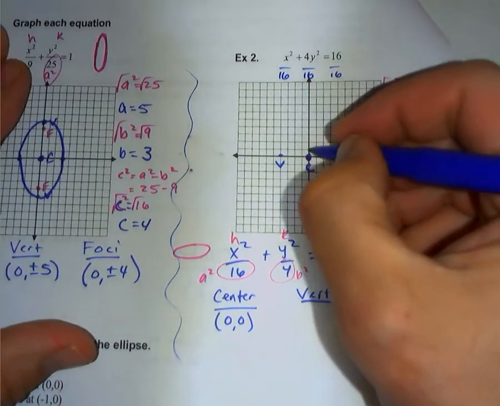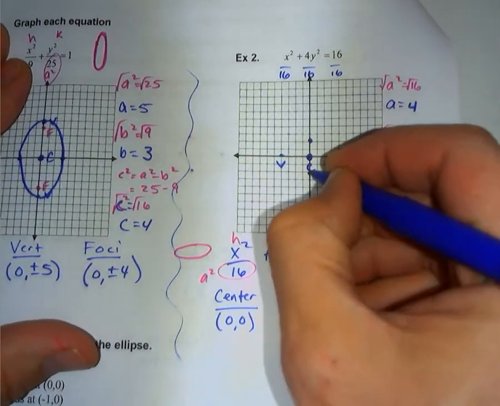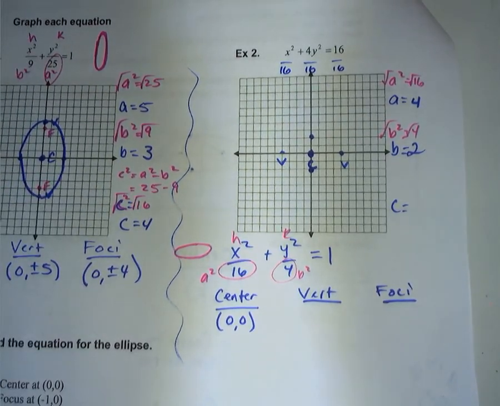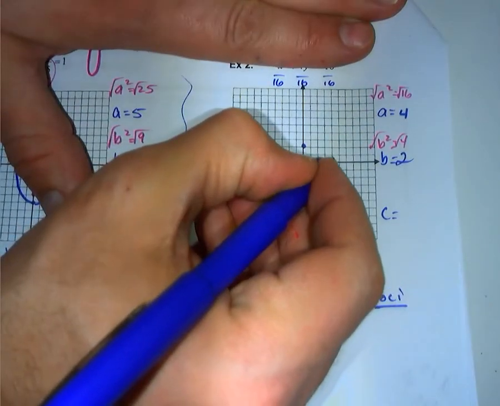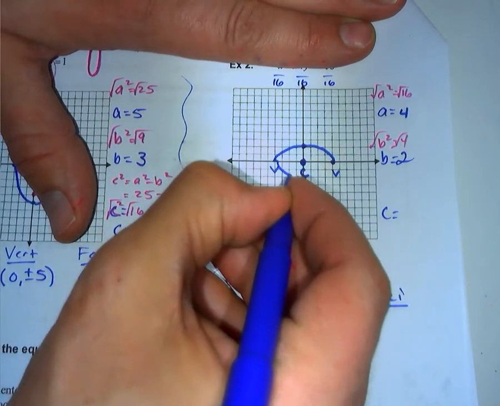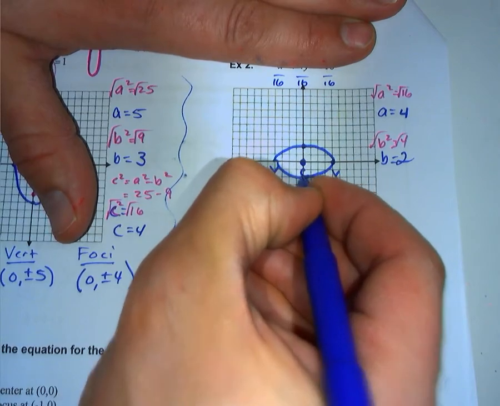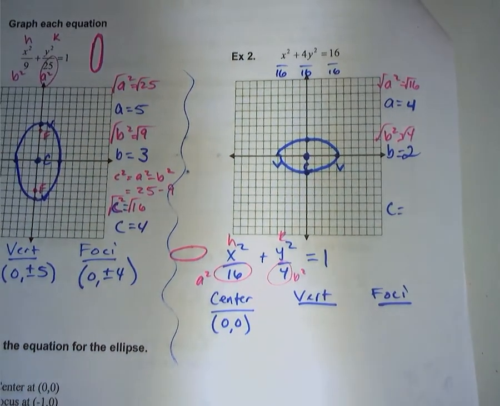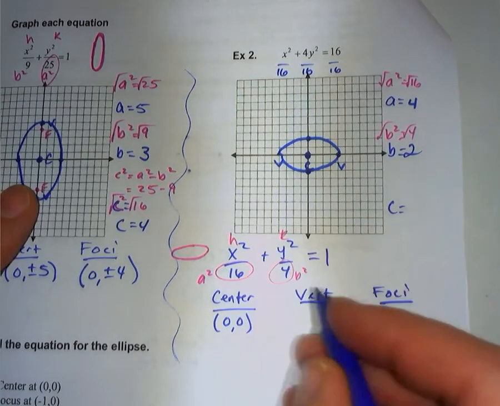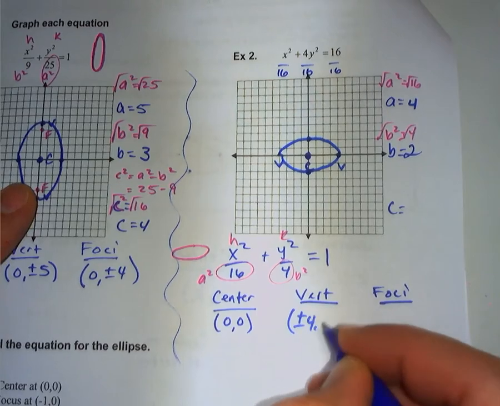So up and down 2, up and down 2. So I've got my center, my major vertices, my minor vertices, and now I'll make a nice, pretty ellipse. Okay. Again, not diamonds, make it circular. Nice and pretty. And those vertices, what we went left and right 4, so that's plus or minus 4, 0.